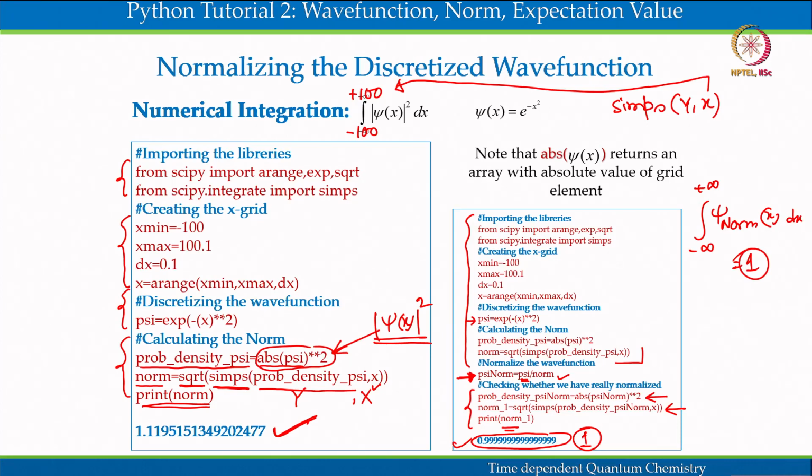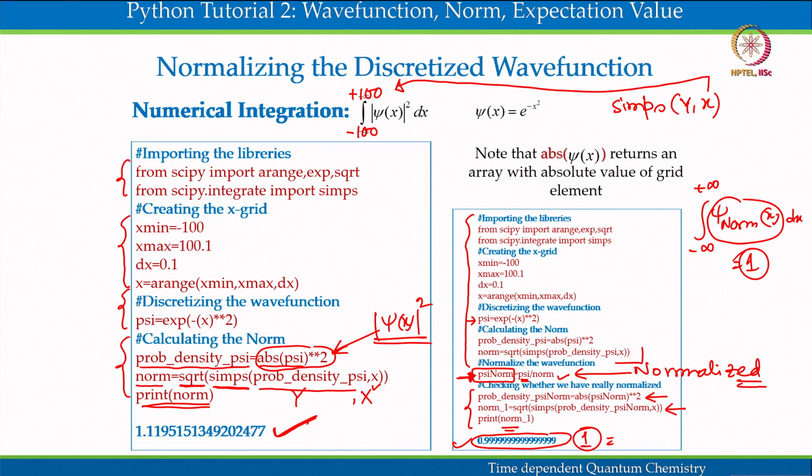So because the norm is 1, it means that the wave function I have right now, the PSI norm, is a normalized wave function, which we have proved. And always in quantum dynamics, we have to use a normalized wave function. This is something which we have learned in this course.